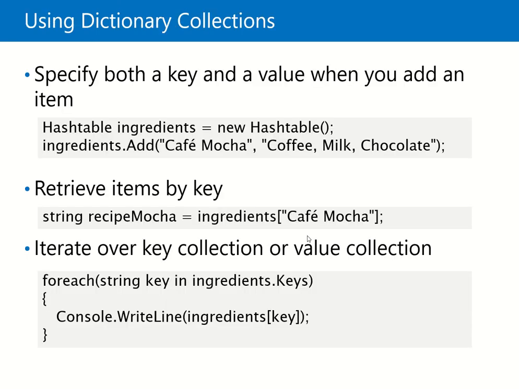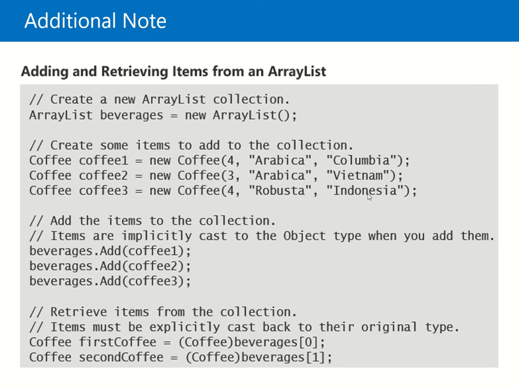Okay, so that is about list collections, for example array list. Now what about dictionary collections? As I mentioned before, the difference with dictionary collections is, if we go back here, notice that this is what we call the key.